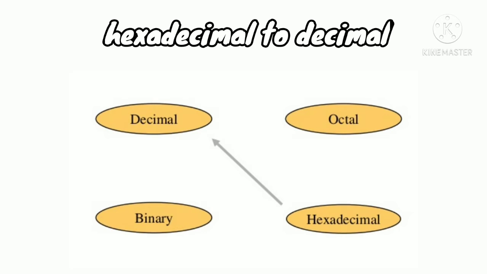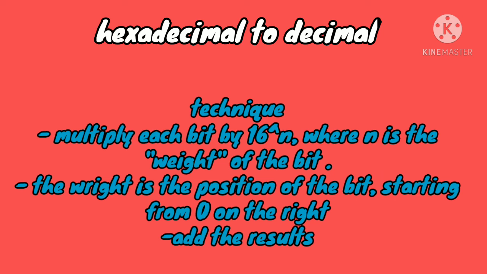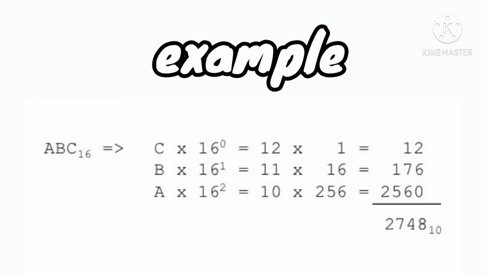Now we will convert hexadecimal to decimal. To convert hexadecimal to decimal, multiply each digit by 16 to the power n, where n is the weight of the digit and the weight is the position of the digit starting from 0 on the right, and then add the results. Here is the example to convert hexadecimal into decimal.